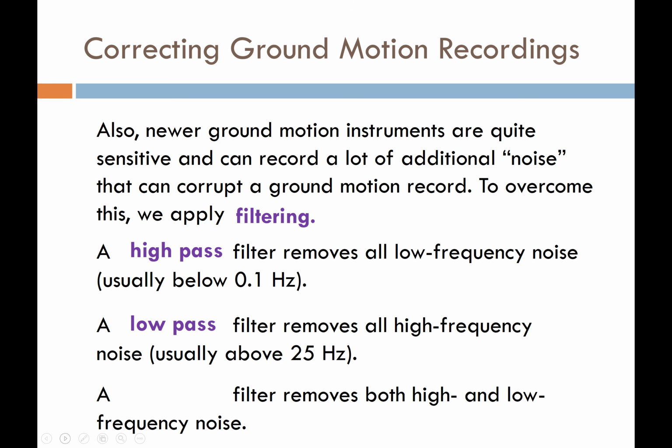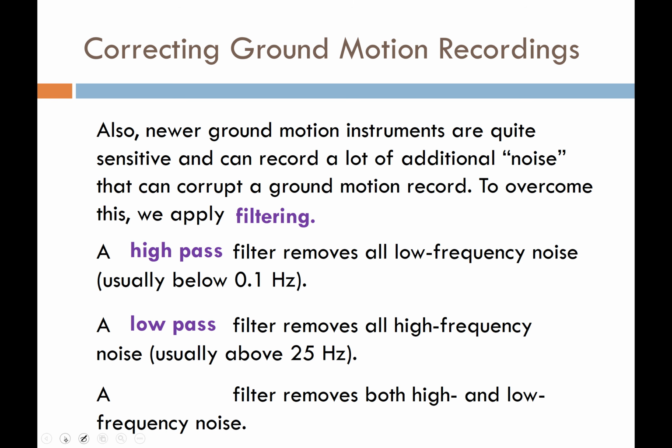I mean, we get low frequency noise from like thunderstorms occurring in Chile and stuff like that. High frequency noise is usually machinery that is contributing a lot of that really high frequency, high energy kind of excitation to the ground motion record.